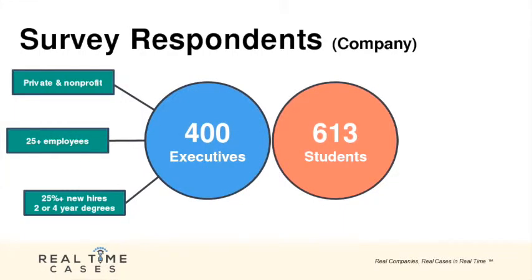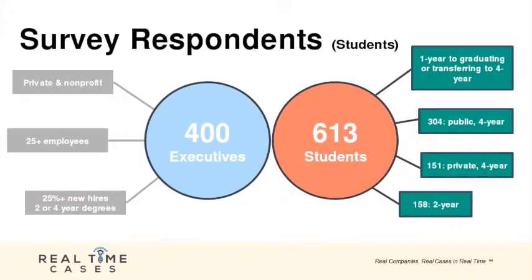The 613 students who were surveyed were all within 1 year of graduating from a 4-year program, or they were transferring from a 2-year to a 4-year program. 304 were from a public 4-year, 158 were from a 2-year, and 151 were from a private 4-year. That gives you a little bit of the demographics of the survey respondents.